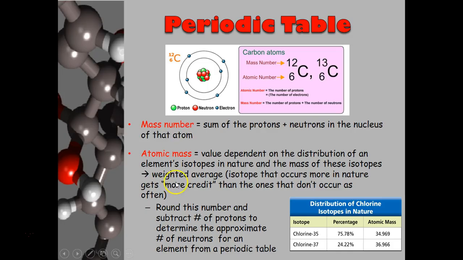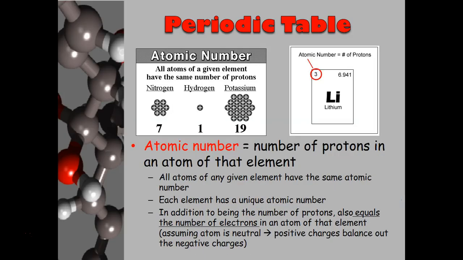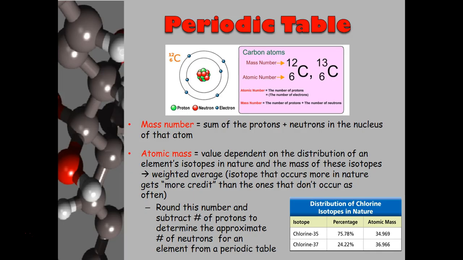So if I round my atomic mass to its nearest whole number, subtract the number of protons that I have, which remember, my atomic number tells me, I can then determine approximately the number of neutrons I would expect to see in an average atom of that particular element.